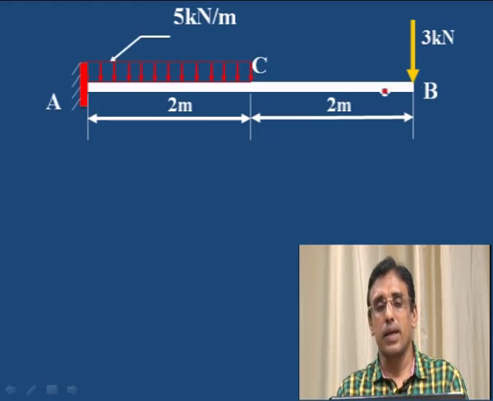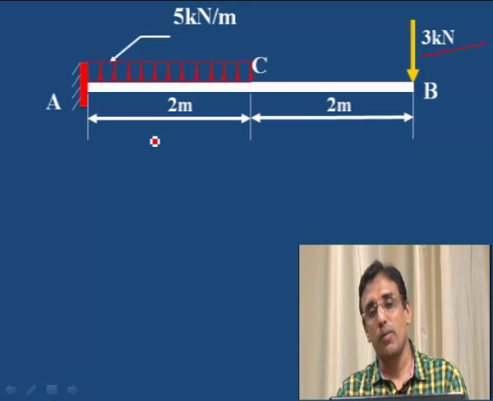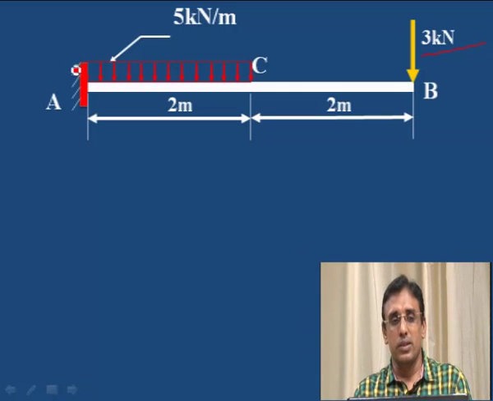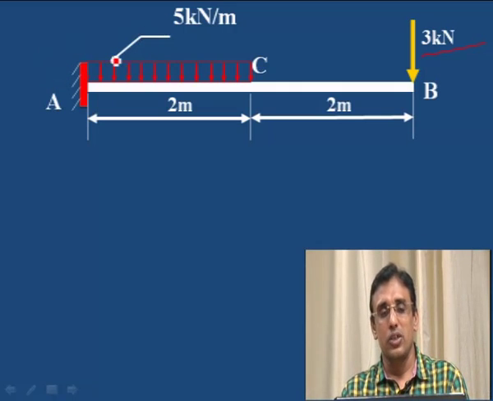Here we consider the uniformly distributed load from the fixed end, and one more point load acts at the free end. This problem consists of both uniformly distributed load as well as point load. This type of problem is normally given in examinations, because you should know how to calculate the BMD and SFD for both types of cases.